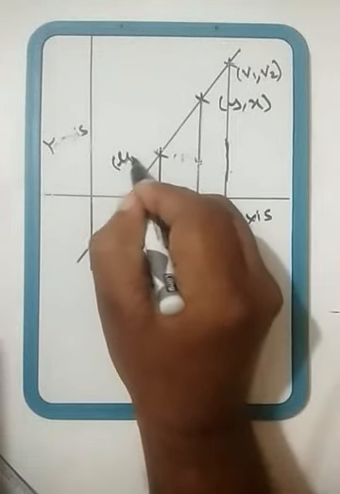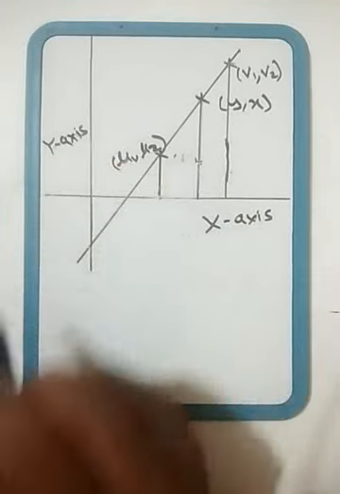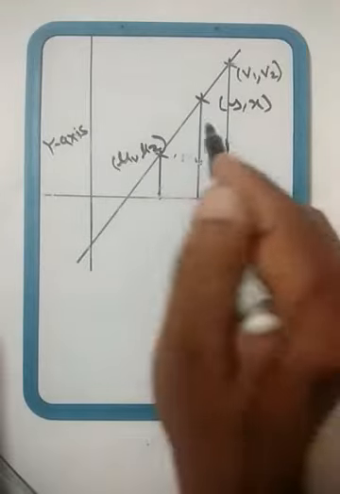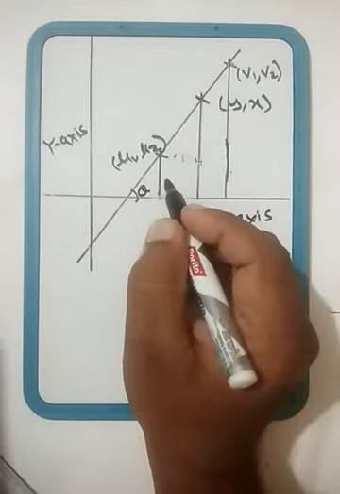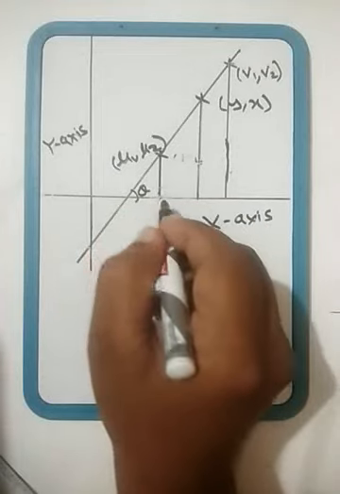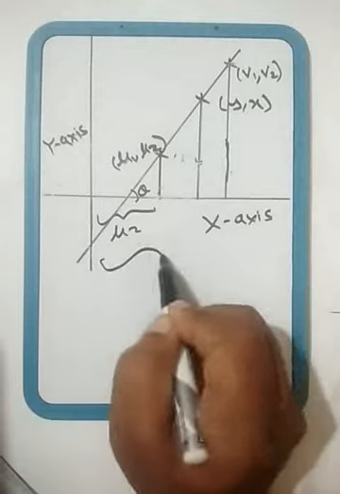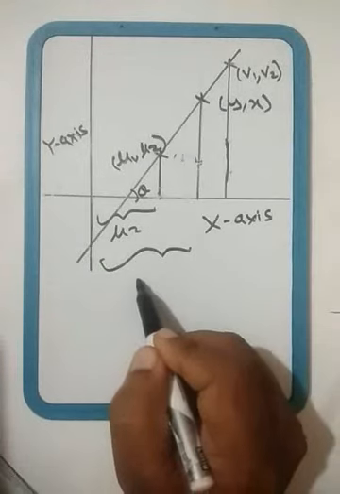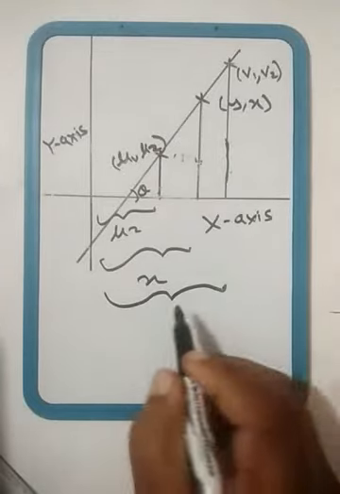Observe that this angle is theta, right? This drop perpendicular length is u2, this length is y, and this whole length is v2.